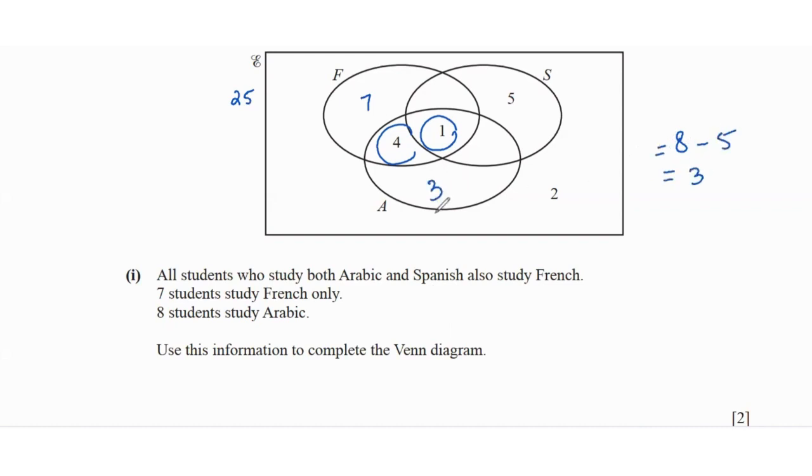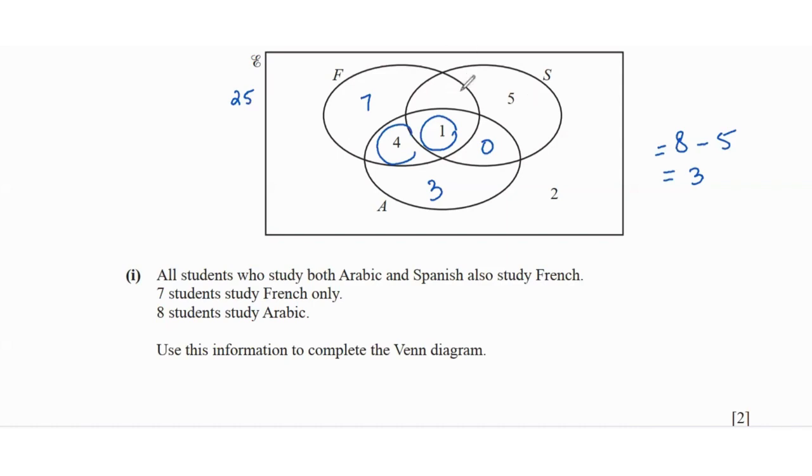So 3 kids only study Arabic, which means there's no intersection between Spanish and Arabic because they said that there are 8 people in total. 5 people have already been allotted in their subsequent parts. So that leaves us with 3 people who only study Arabic.